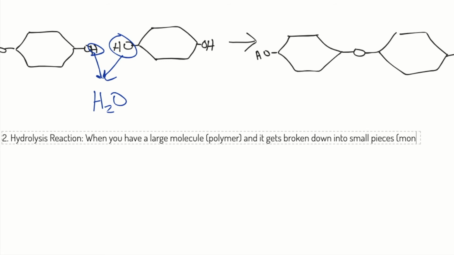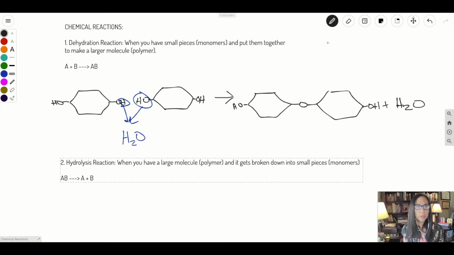Okay, and those are called monomers. So in other words, let's say we have the molecule AB, and so this is just the reverse of what I had up there. And now we're going to break that down so you have A plus B. So you had one piece, which is AB, and now you have two pieces, which is A plus B. Okay, and I'm going to draw the reverse for you.